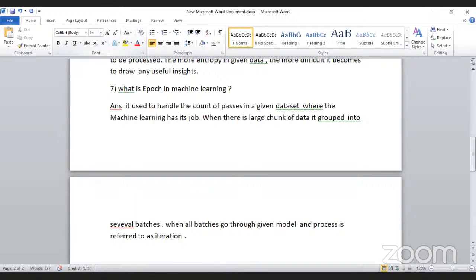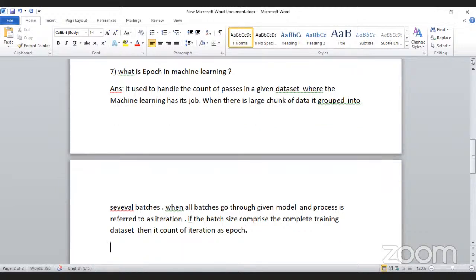Again, if the batch size comprises the complete training data set, then the count of iterations is called an epoch.